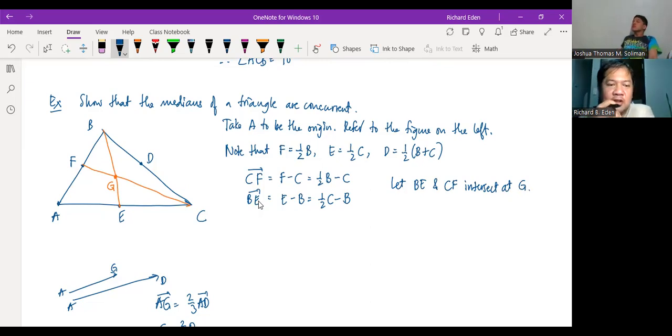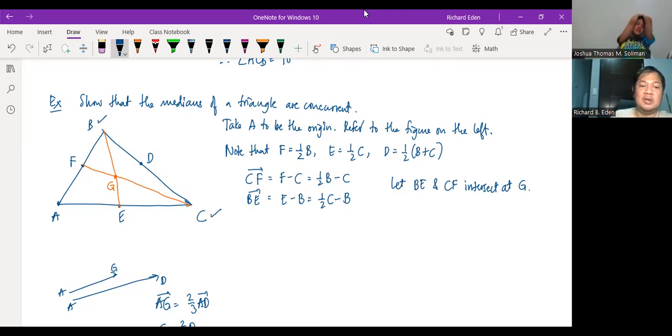Ang gusto kong gawin, you see how nung E and F, we can, well, kasi A is the origin. So, basically, that means triangle ABC is determined by B and C, and well, A, but we end up not writing A anymore because it's the origin.